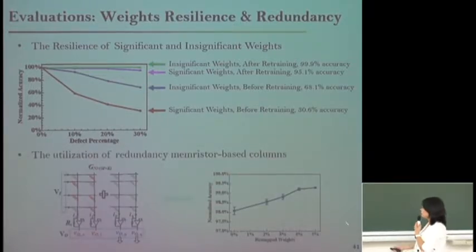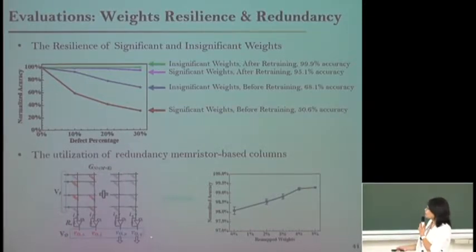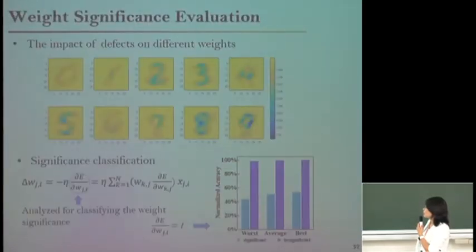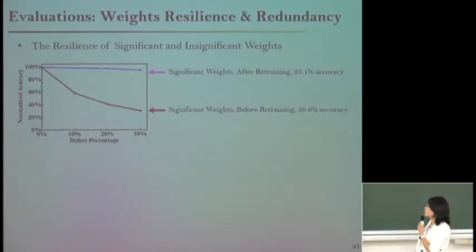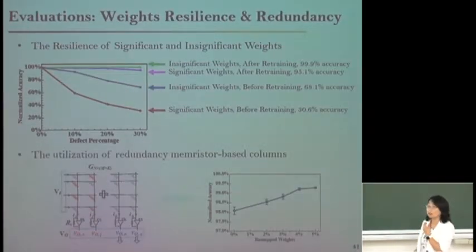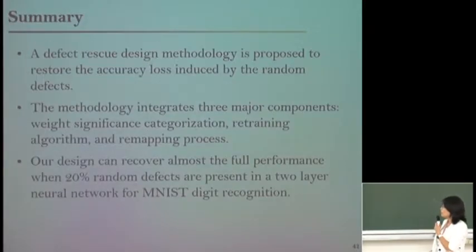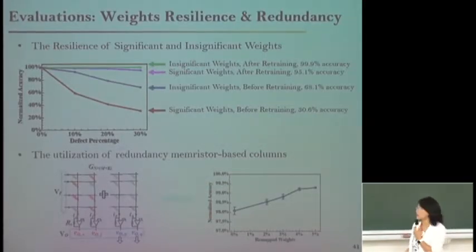A more detailed evaluation of the redundancy part is shown here. I think the key design here is how to identify the most critical significant weights and pick the top ones to be replaced. Remember we have this theoretical criterion here. We in fact use it to rank the significance of each weight and determine which one to pick first, second, and so on.